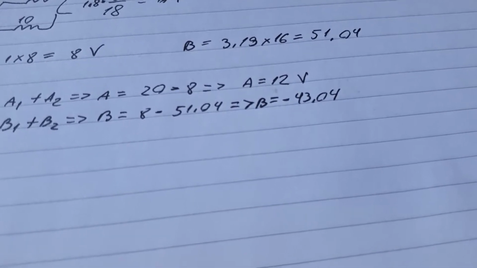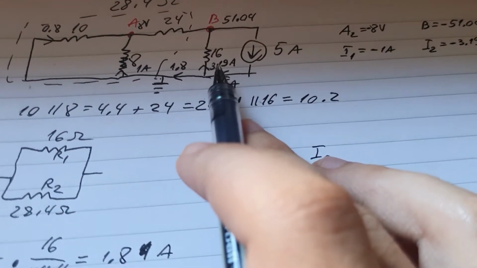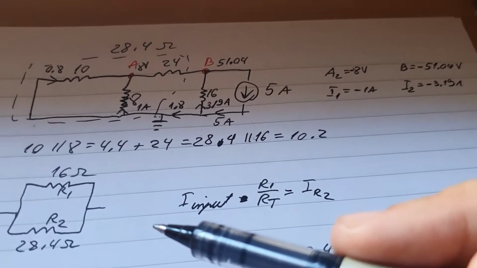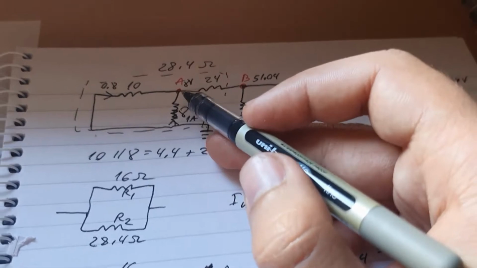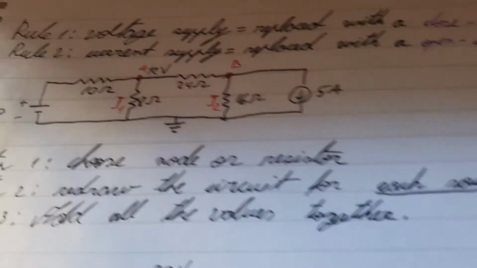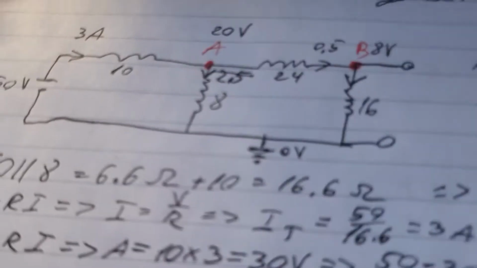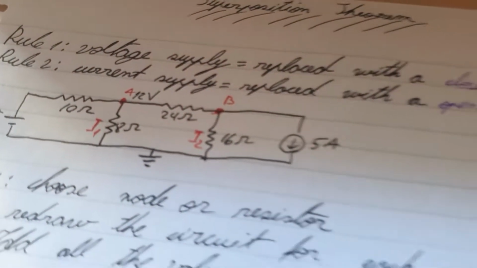Then I realized that I can use the current, because these two will use different currents as well, which means that if my calculation is correct, then when I multiply I1 by this resistor, I'll get the value of node A. I think I put 12 volts by mistake in there, sorry about that.